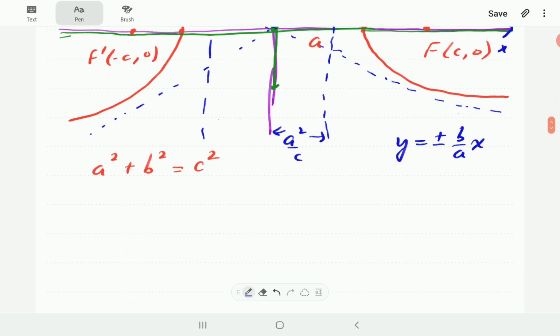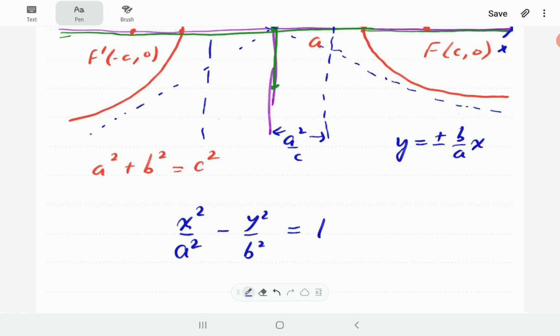Then its equation is going to be x squared over a squared minus y squared over b squared equal to 1. So notice the difference here from the case of the ellipse: in the case of the ellipse this was plus, this time it's negative.